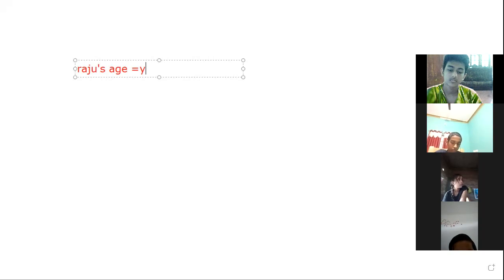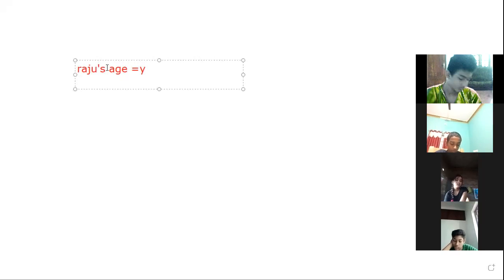And after that, you can see Raju's father's age is 5 years more than 3 times Raju's age. What is 3 times Raju's age? Raju's age is y years, so 3 times Raju's age is 3y, or 3 into y.